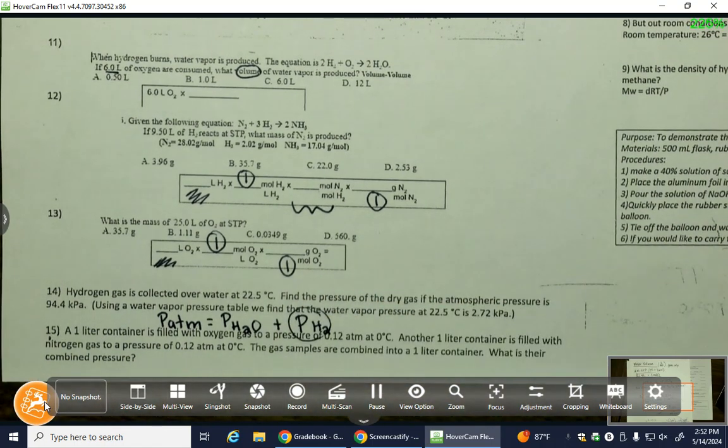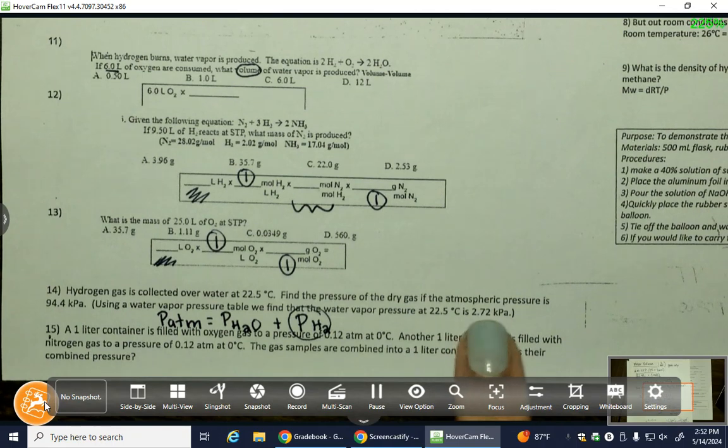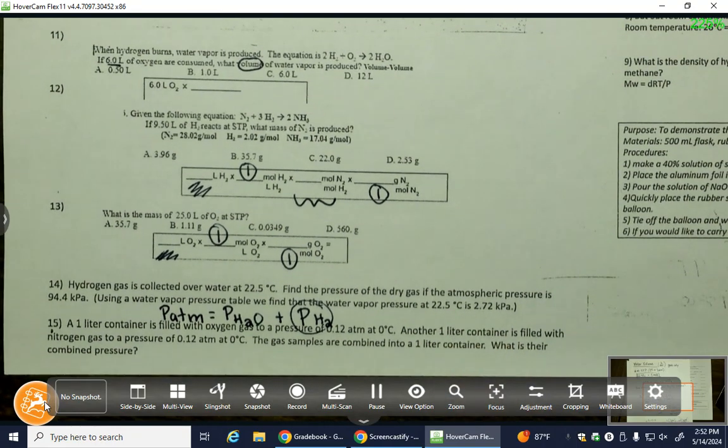And that's what you're solving for, pressure of the gas. Which means, are you adding in this one? You're going to subtract, yep. And the water vapor pressure is given to you, so you don't need to use the table, but just so you know, that's where that number came from, right? The 2.72 kPa is coming from one of these tables.